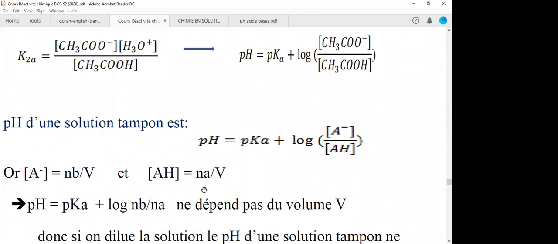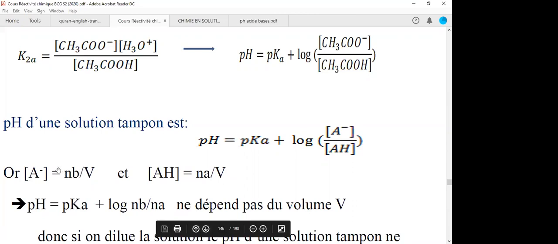From the acid, we come up with the number of moles of the acid. From the salt, we come up with the number of moles of base. The volume is the total volume of the mixture. So the volume here is the same as the volume here. So this is the concentration of what?